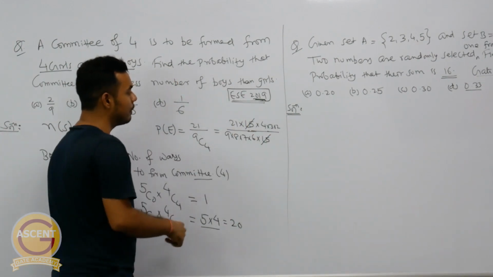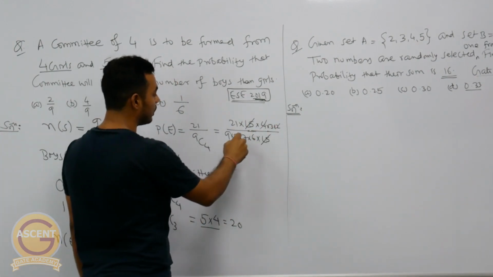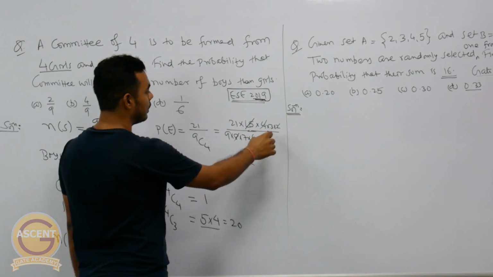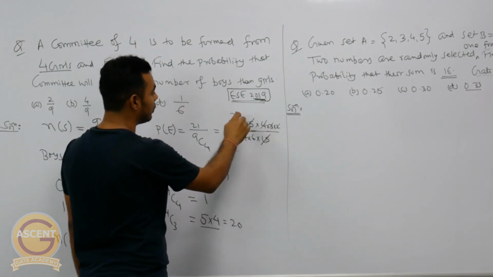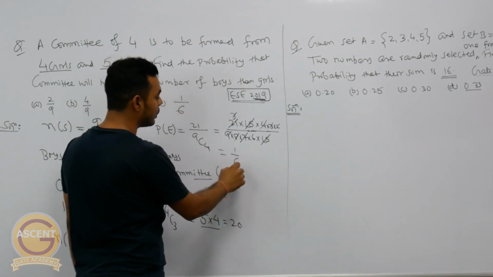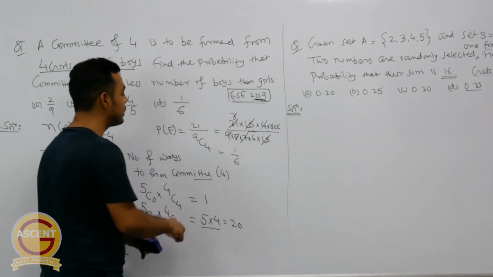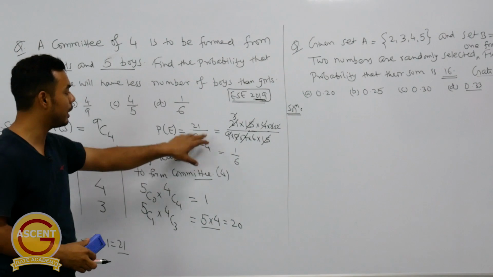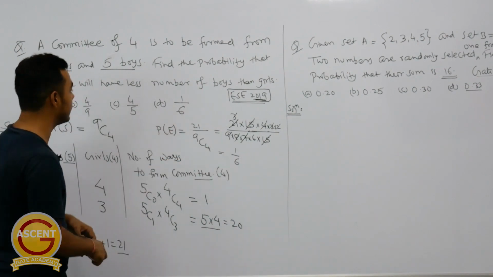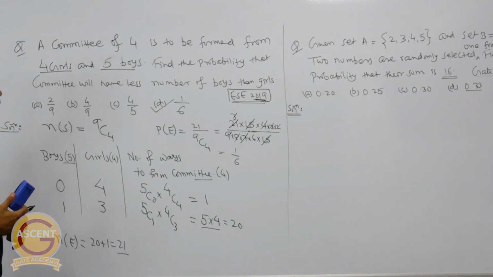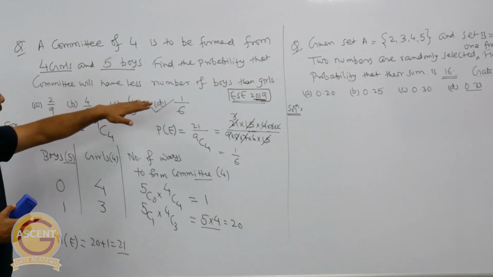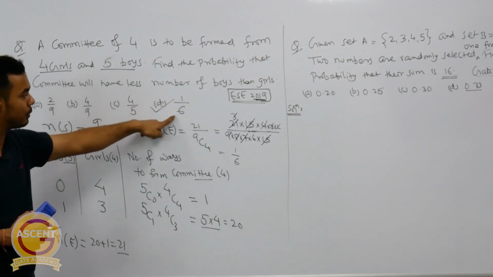These 2 will cancel. 4 into 2 is 8. Then 7. This will be 3. 3 into 3 is 9. So finally after calculation you will get 1 by 6. Your answer is 21 by 9C4, and after simplification you will get 1 by 6. So the correct answer for this question is option D. The probability that number of girls is more than the number of boys will be simply 1 by 6.